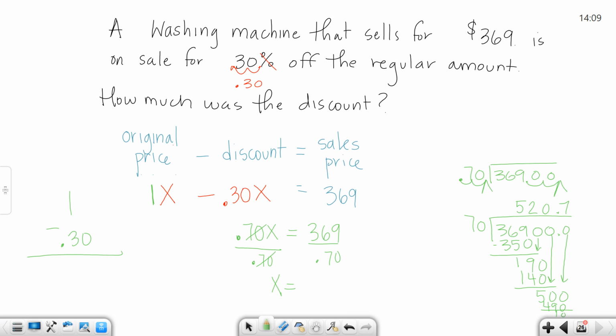And of course I give you one that doesn't divide evenly again. Sorry about that. I'm picking it from some of my math labs, so you might run into this from time to time. And so if we're looking into 100, that's going to be 1 time. So it should be around $520.71. Somewhere in that little ballpark.